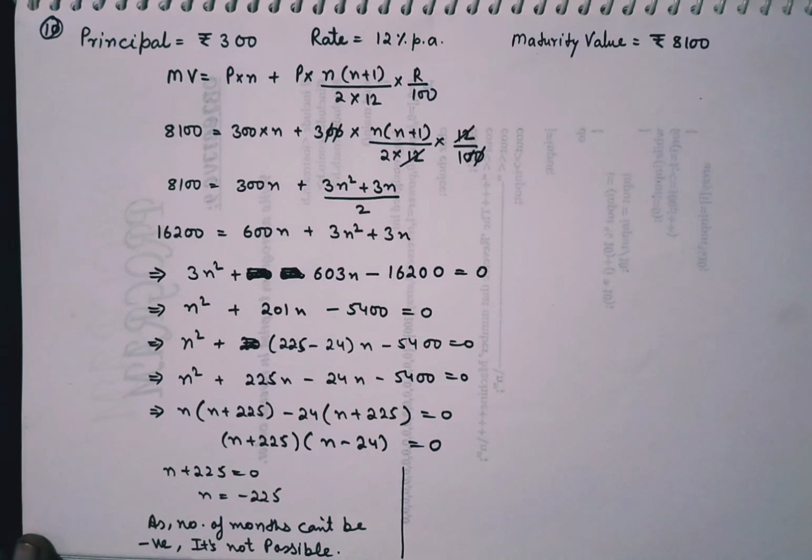Now we'll go for the next option, n minus 24 equals to 0, so n equals to 24, and this is possible. So n is 24 months, and that is equal to 2 years.